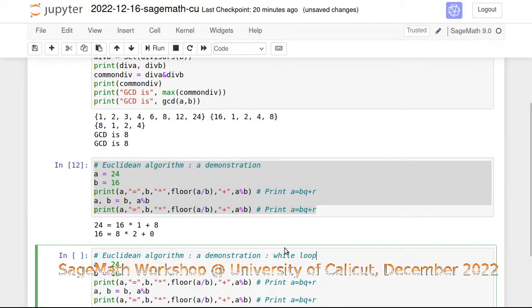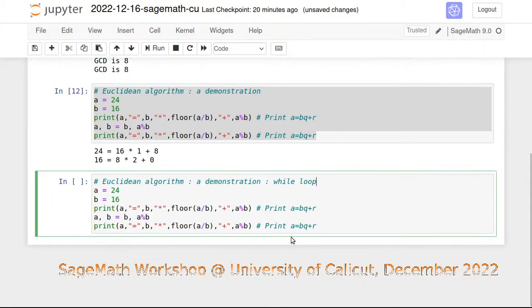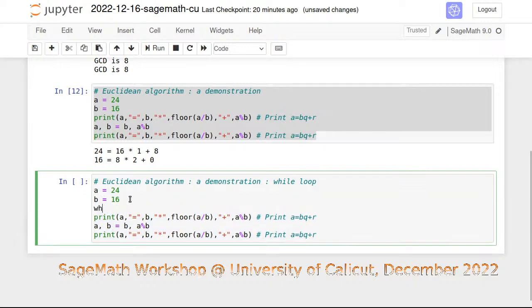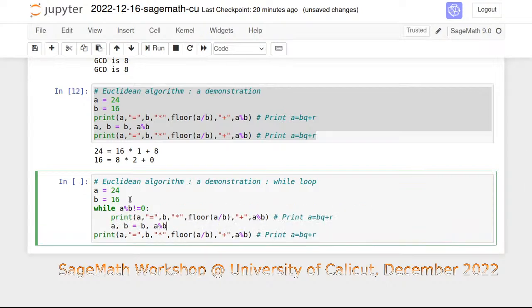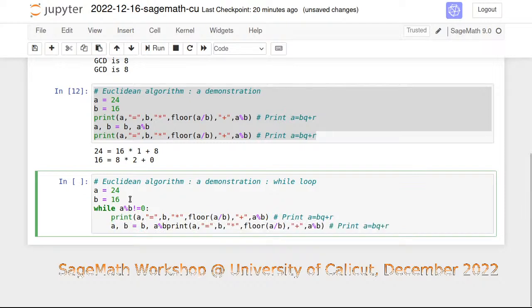We want to continue this process until this a percentage b becomes 0. Okay. So let us do that. While a percentage b is not 0, we will keep on printing and interchanging. While a percentage b is not equal to 0, what will we do? We will interchange. That's it.